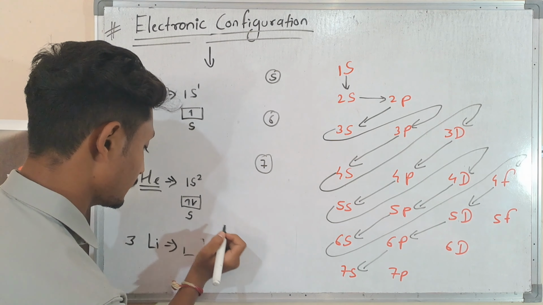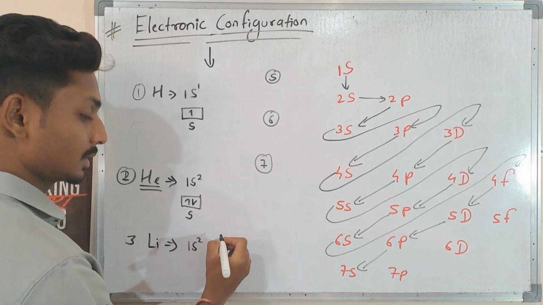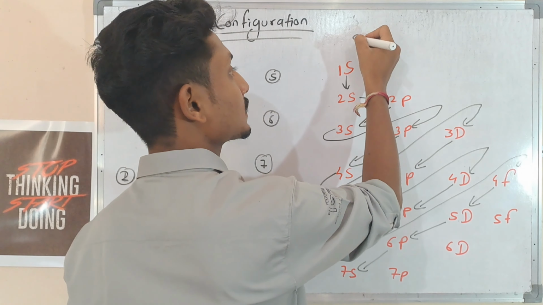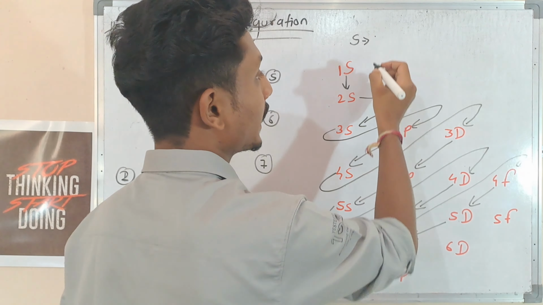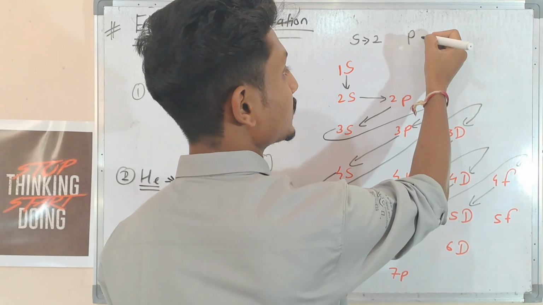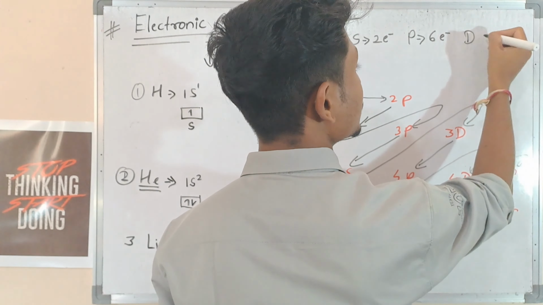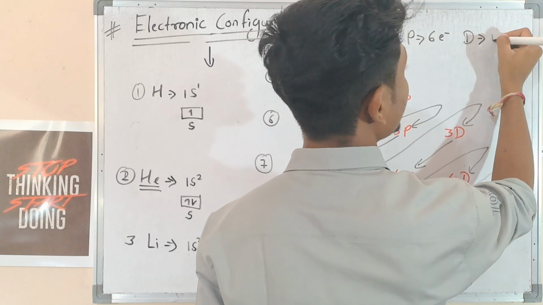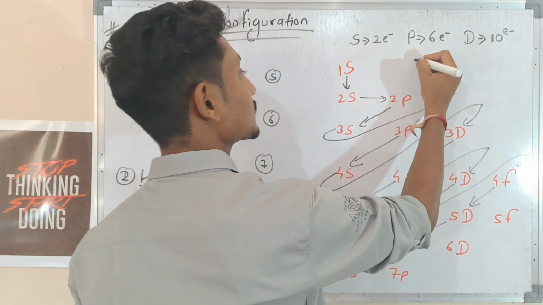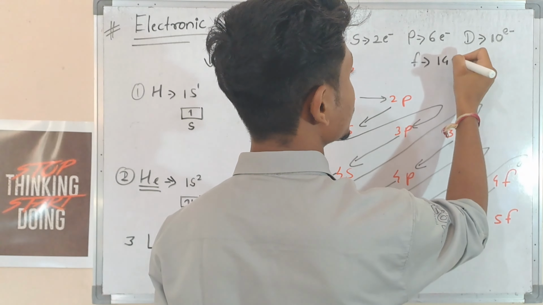First 1s2, then 2s1. You should know that s has one orbital and can carry 2 electrons, p has 3 orbitals and can carry 6 electrons, d has 5 orbitals and can carry 10 electrons, and f has 7 orbitals and can carry 14 electrons.